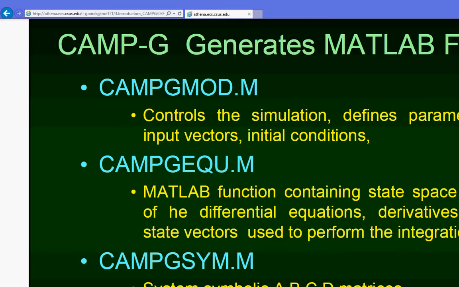Here's a little bit of an introduction of the CAMG-mod.m file.